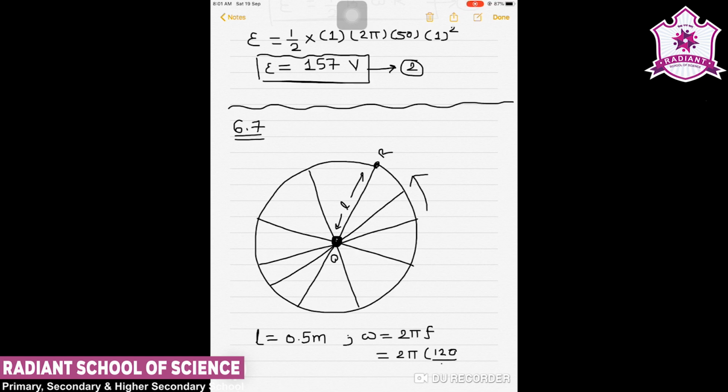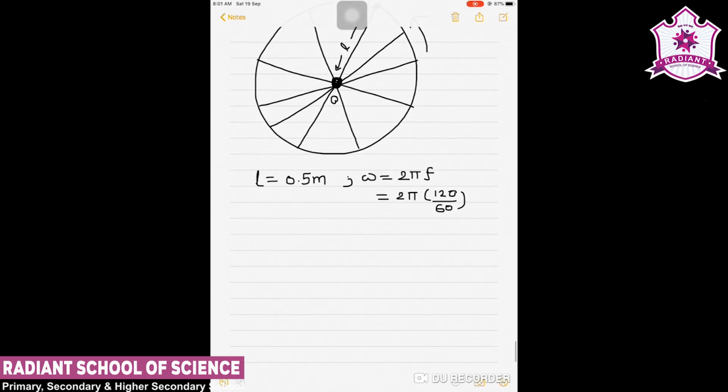When converted into seconds, it is divided by 60. So from the calculation point of view, omega is 2 pi into 2, that is 4 pi radian per second.